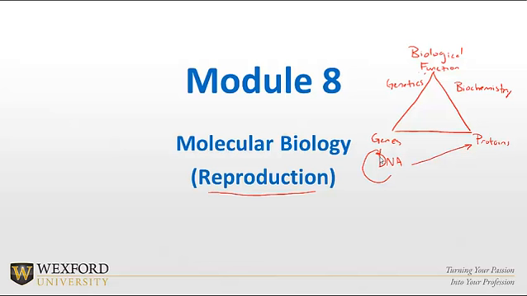We're going to be talking about how we replicate cells in a process called mitosis. And we're also going to be talking about making of those sex cells, those gametes, for meiosis.